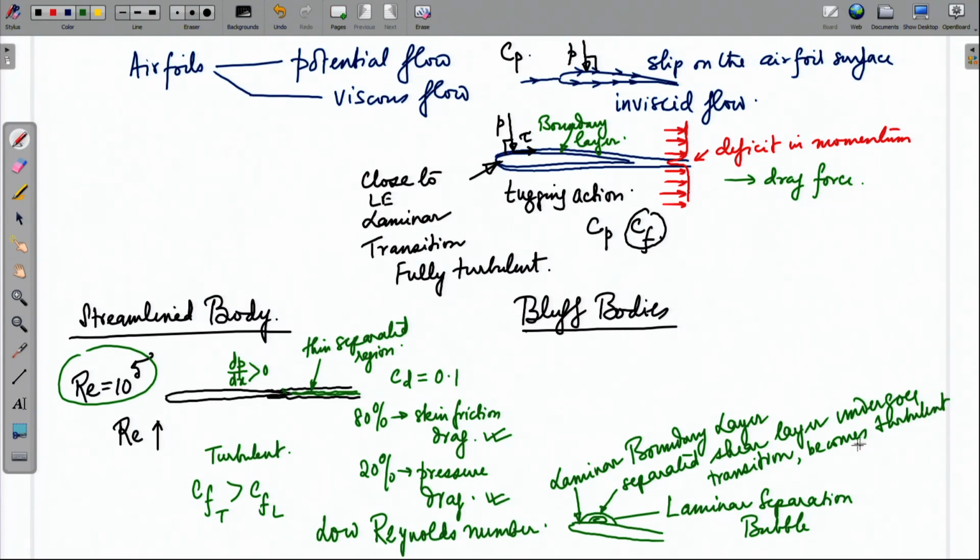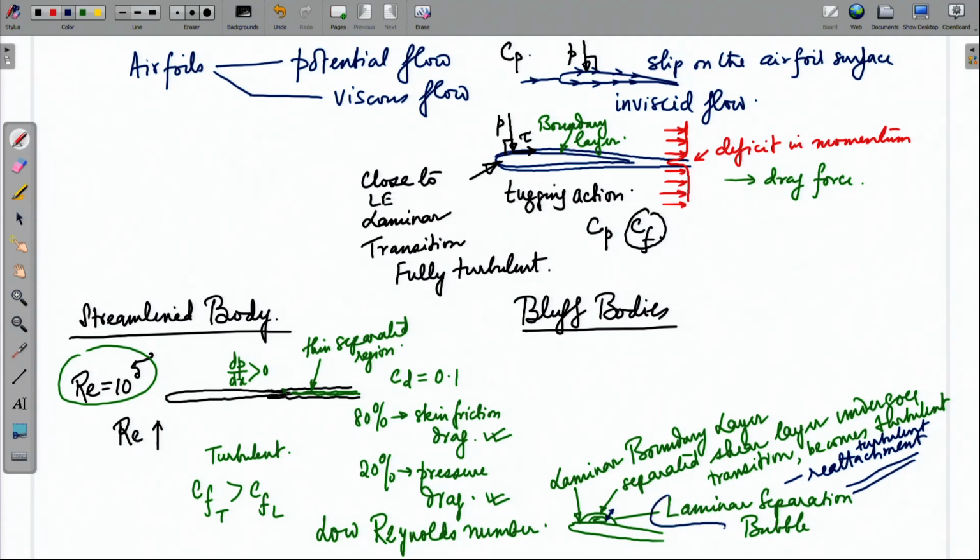and because of the increasing entrainment, more momentum percolates from the cross stream direction into the shear layer, thereby energizing the shear layer and causing what is called a reattachment, which is basically a turbulent reattachment. It is a more robust flow now, it is able to reattach on the surface.